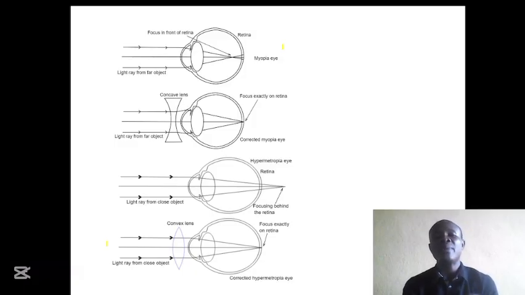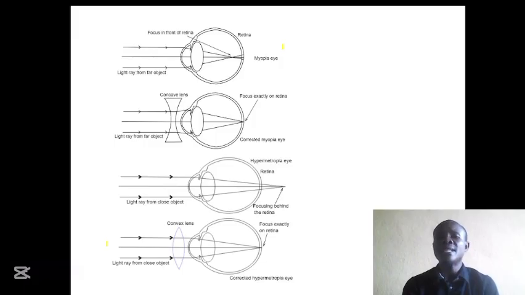That means the person can see an object that is close, but is unable to see an object that is far away. And in hyperopia, the person can see an object that is far away, but cannot clearly see an object that is closer.